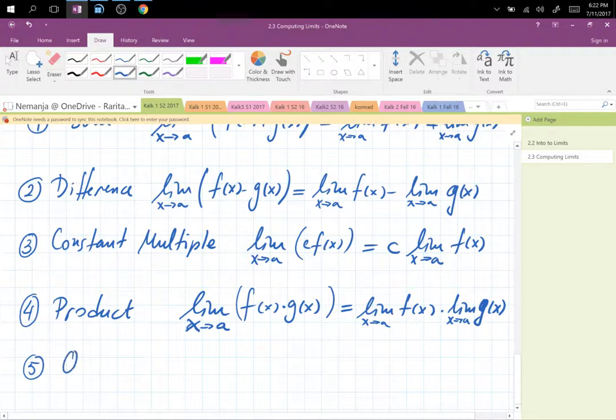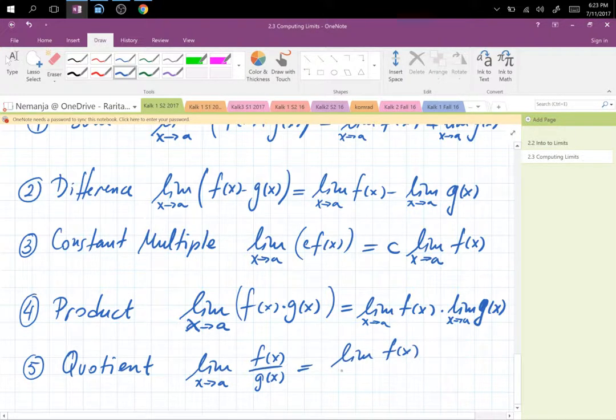Quotient. And you will have to be very careful with this one now.